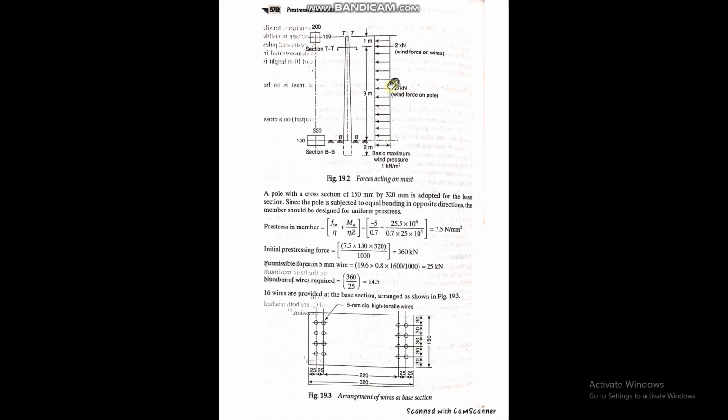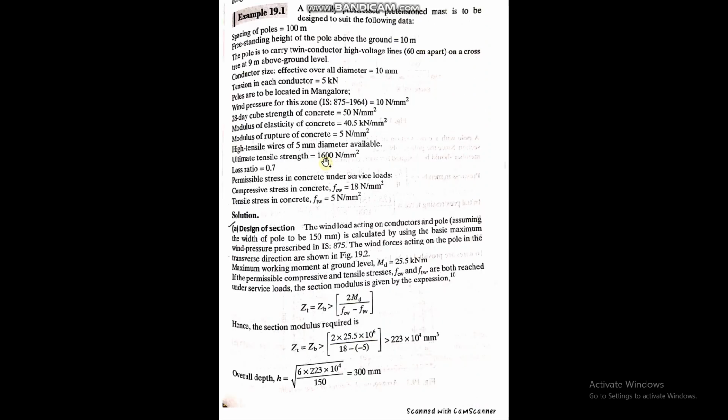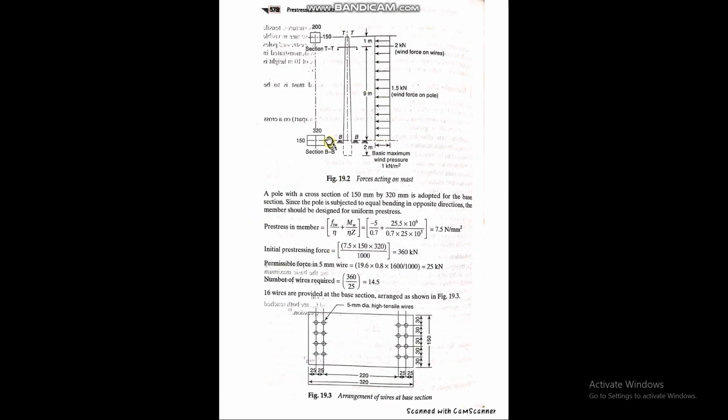So how is it coming? I'll just show you. Just before that, we have to assume the width of the prestress pole that we are going to take. So in this problem, assuming the width of the pole to be 150 millimeter. That is the exposed face. Exposed face, that is this face.